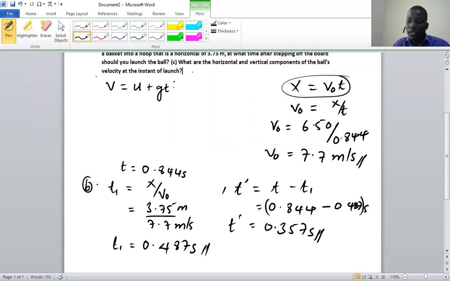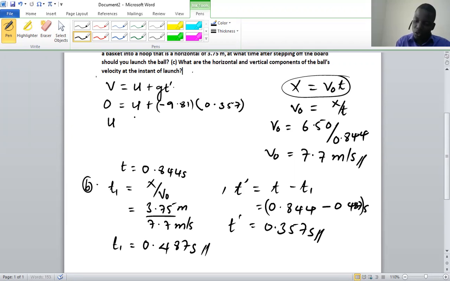It's not when he was at the height of 4.5. It is after stepping off the board. So now we know that it will go to rest. So the final velocity is going to be 0, and we have initial, and then we have our negative 9.81, and then the time after stepping off, that was T prime that we found, 0.357.